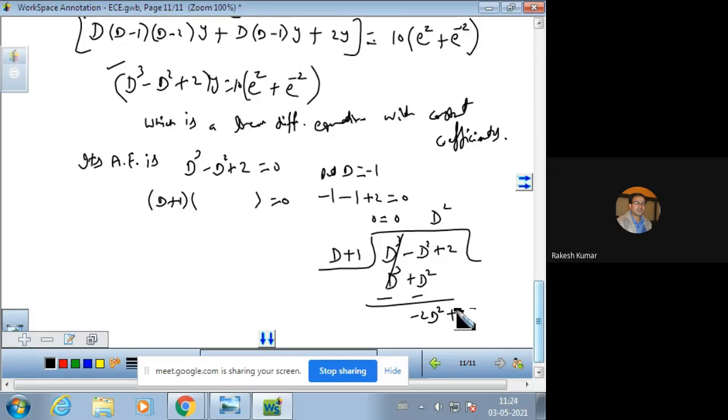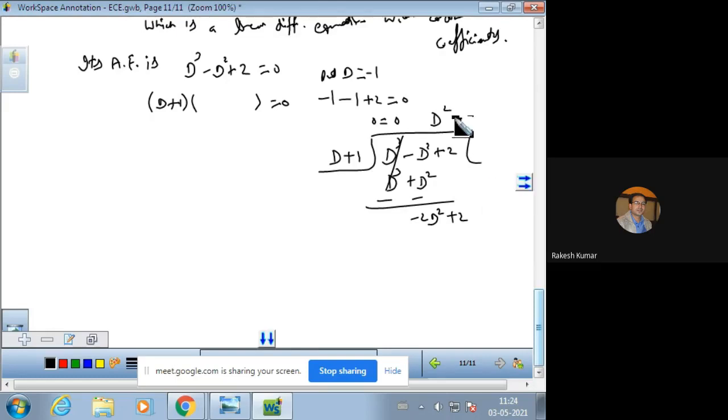Now you just have minus 2D because we require minus 2D square. So minus 2D square minus 2D, and that will be minus 2D, changing of sign. So this comes out to be 2D plus 2.